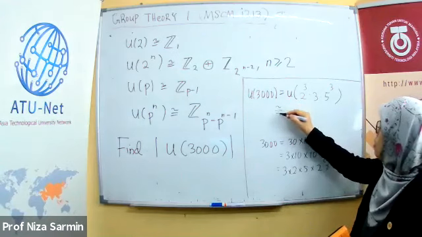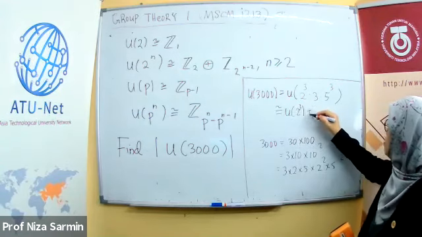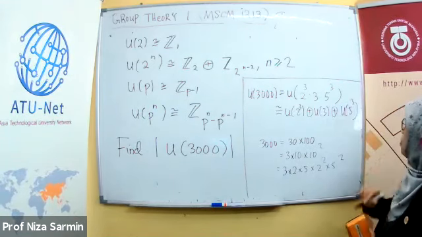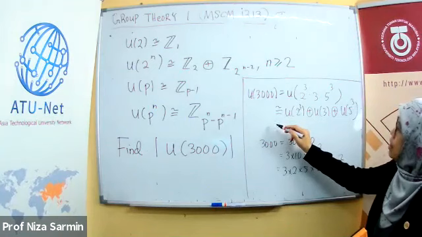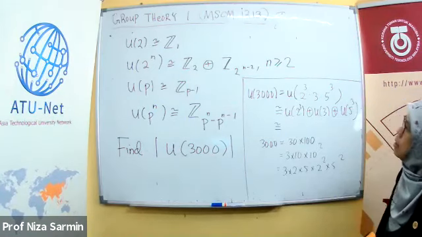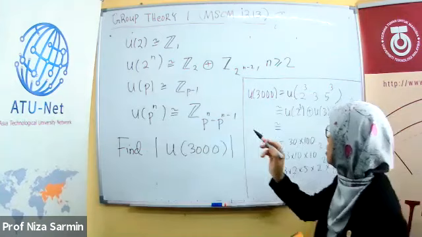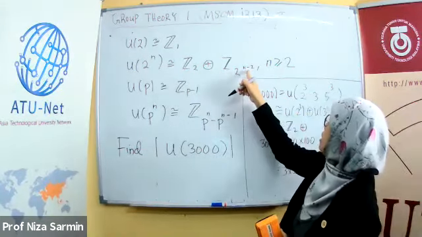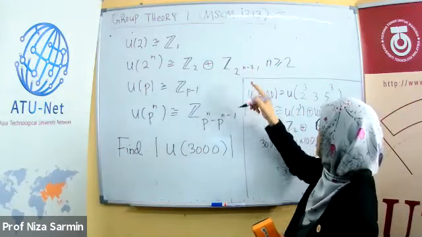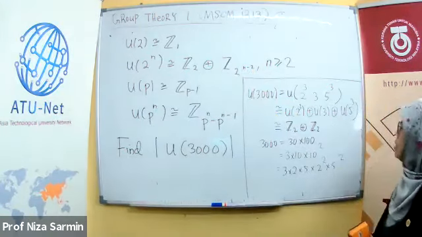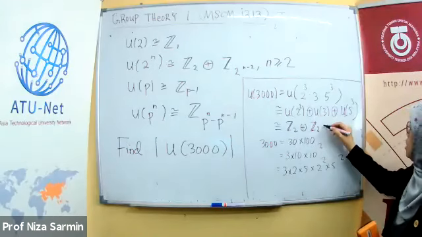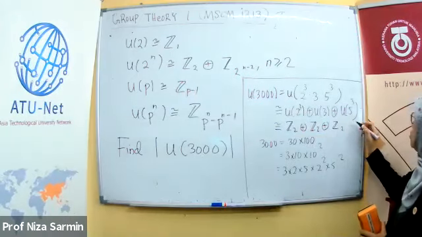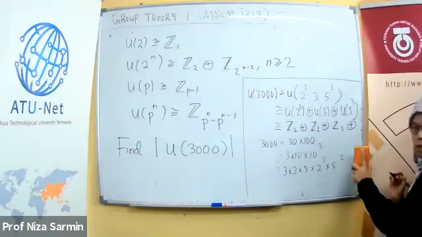So this is isomorphic to U of 2 cubed plus U3 plus U of 5 cubed. Okay, and this is isomorphic to here, right? 2 cubed: Z2 plus Z of 2 to the n minus 2, n is 3, 3 minus 2 is 1. Okay. And then U3 is Z2. Okay, I erase here.